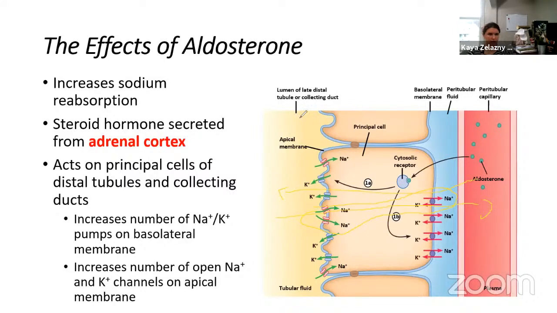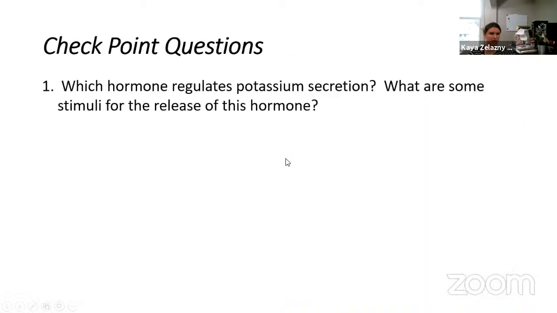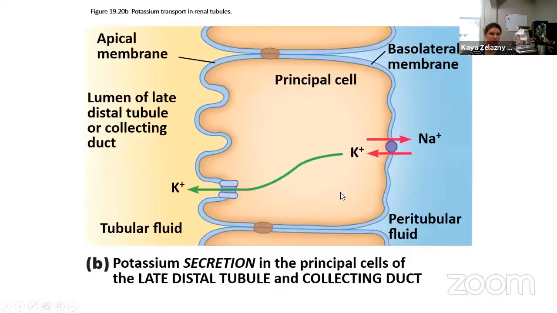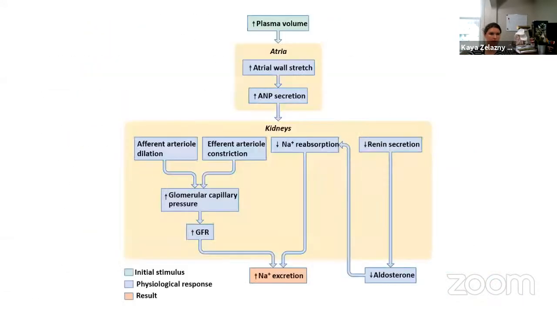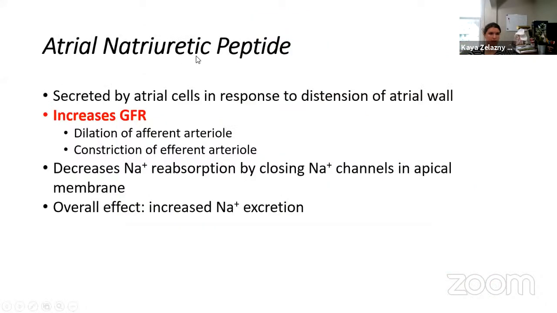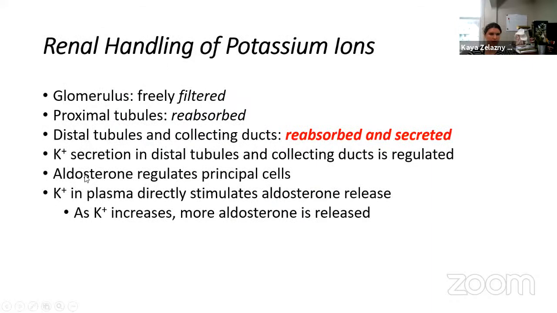Okay. So that is all I want us to know about that. So basically, we just know that two things are opposites of stuff we talked about before. We want to know that ANP is the opposite of aldosterone, essentially, and so it's going to have opposite effects. And then we want to know that whatever sodium's doing, potassium is doing the opposite, especially in response to aldosterone release.